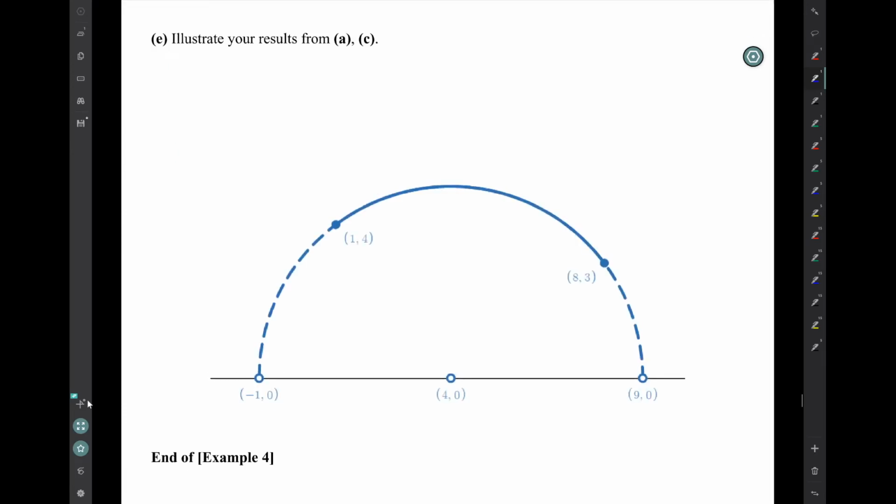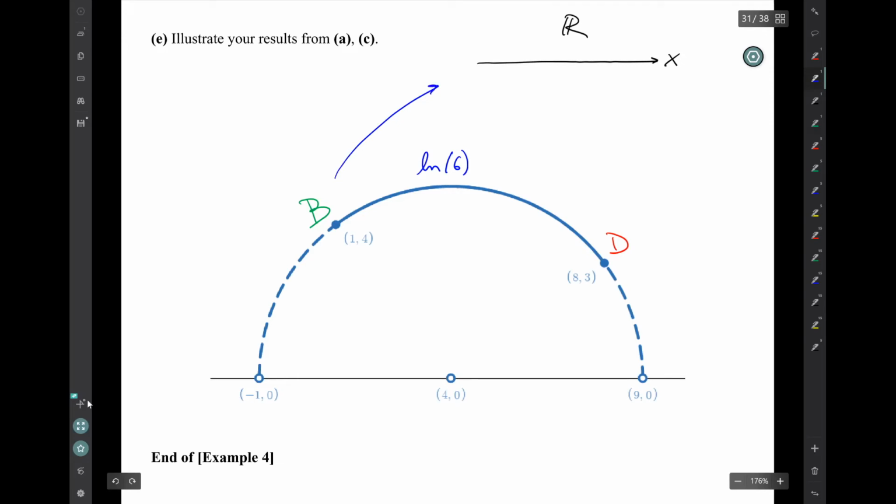Question E is to illustrate our results here on this diagram. Well, let's label our points B and D, and this hyperbolic distance is ln of 6. Now let's illustrate the action of the coordinate function, the ruler. So here's the set of real numbers. When I use that ruler, the point B gets sent over to its coordinate, which was minus ln of 2.